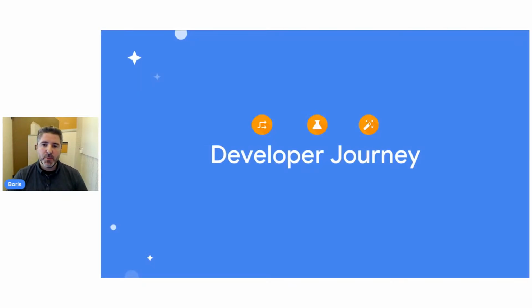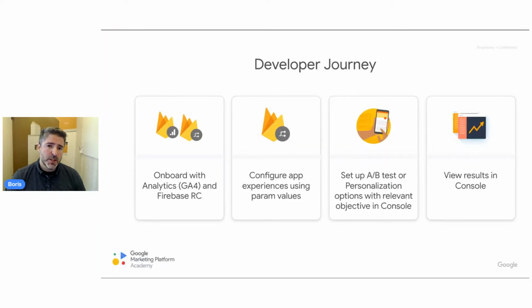A few words about the developer journey before we switch to the demo. The journey includes 4 main steps. First of all, onboard with Analytics, GA4, and Firebase Remote Config implementation. Second, configure app experience using parameter values. Remember, remote config is an object of key-value settings that go back from the Firebase console to the app.